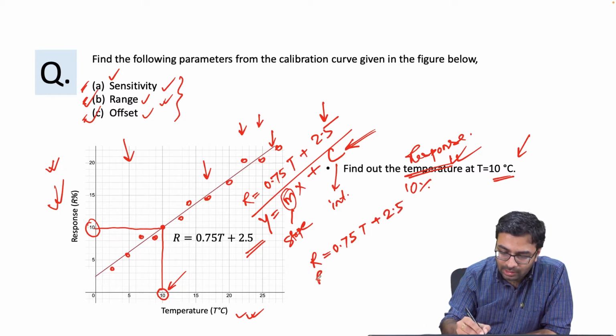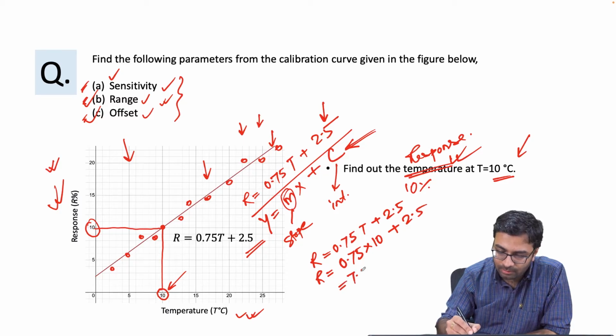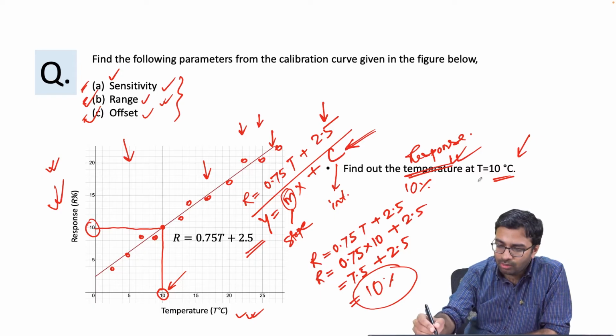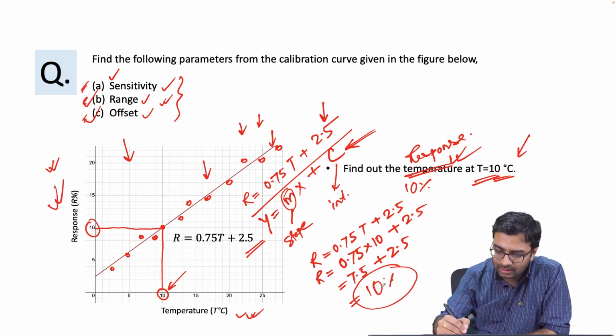So at T equal to 10, the response will be 0.75 into 10 plus 2.5, which is equal to 7.5 plus 2.5, which is equal to 10.